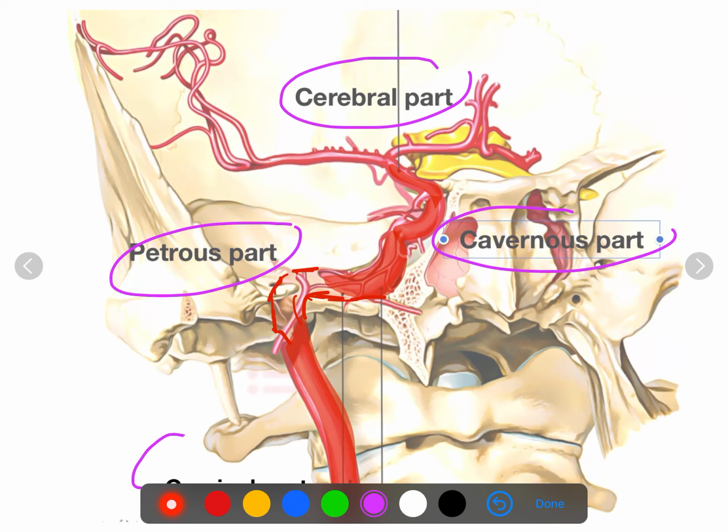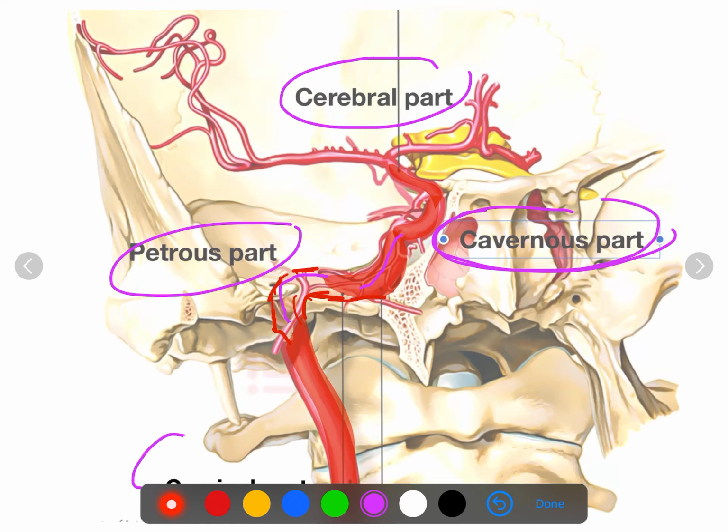From there it enters into the carotid canal that is present in the petrous part of the temporal bone, and this carotid canal is not a through and through canal, so it enters into the upper half of the foramen lacerum. From the foramen lacerum it enters into the cavernous sinus, so that forms the cavernous part.